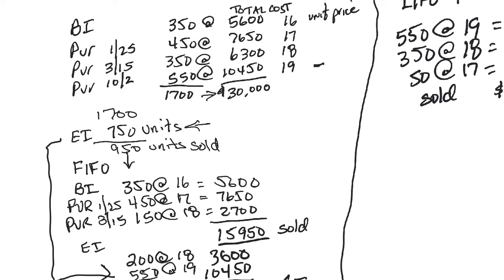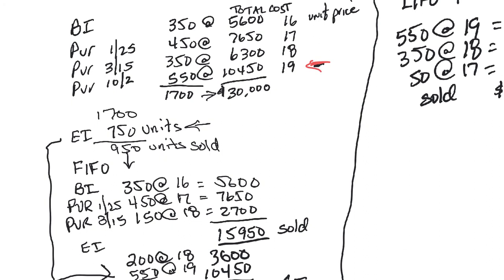That's the dollar amount. Now we have ending inventory left. Well, what didn't we sell? We sold 550 from here.